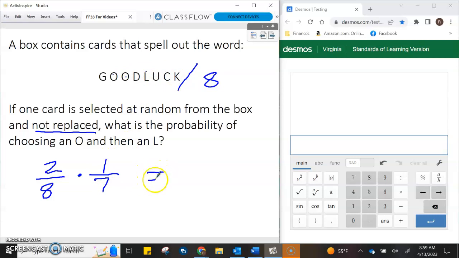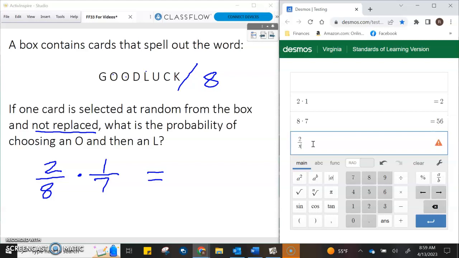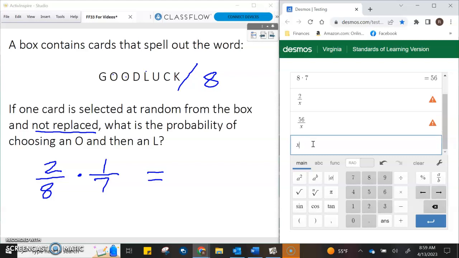Okay. So I'm going to go ahead and come to my calculator, and I'm going to do my numerators first. 2 times 1, so that gives me 2. Then I'm going to do my denominators on a second line so that I can simplify. And we have 8 times 7, and that gives me 2 over 56. So to simplify, you put the numerator over x, then you put the denominator over x, and then your x starts with this top number 2.